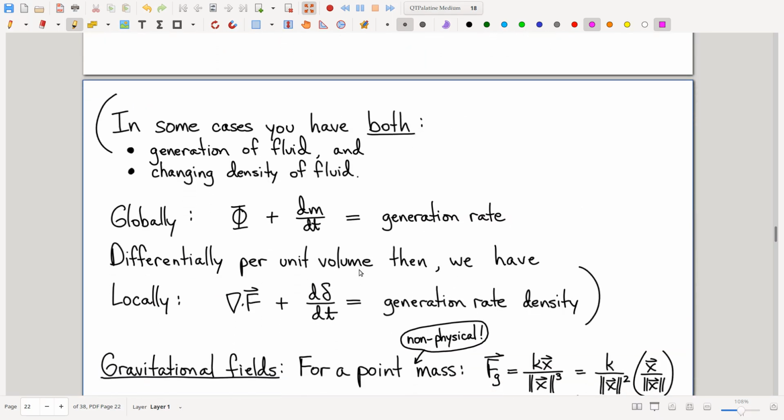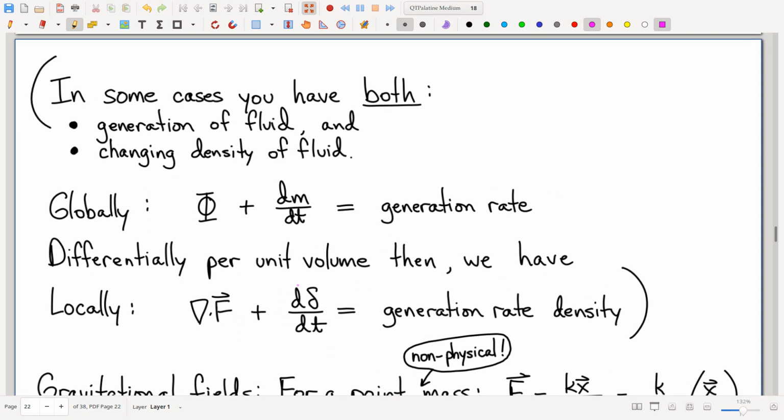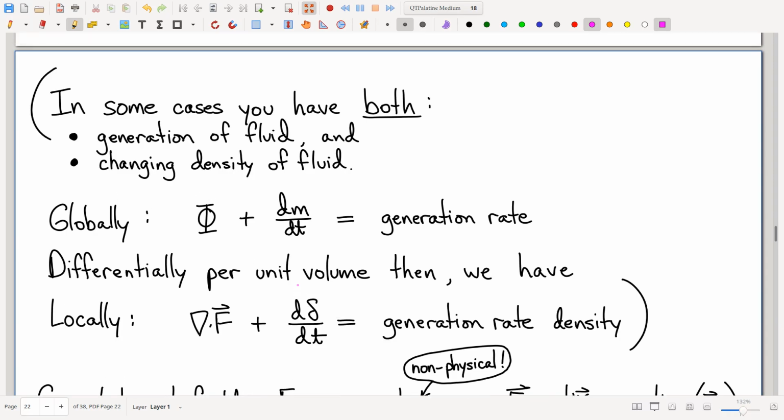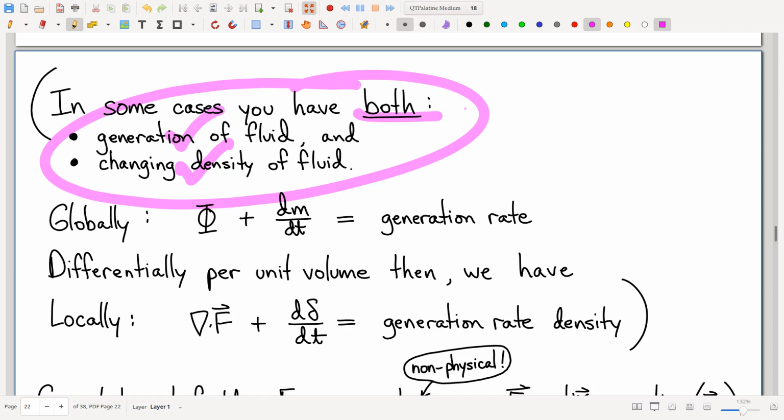Now just a little bit of a cultural point, and maybe a preview of fluid dynamics courses you might take in your futures. Sometimes you have a fluid that's being generated, like a light bulb, and also where the density may be changing, like the gas example. So both of these variables might happen for some kinds of fluids.